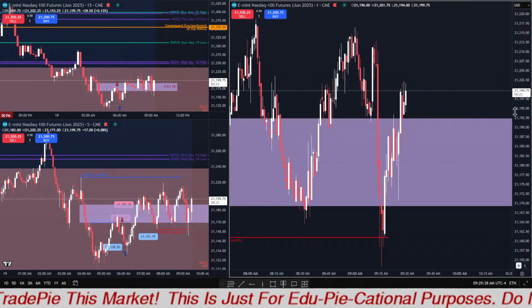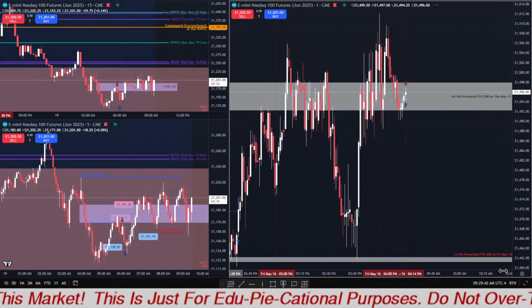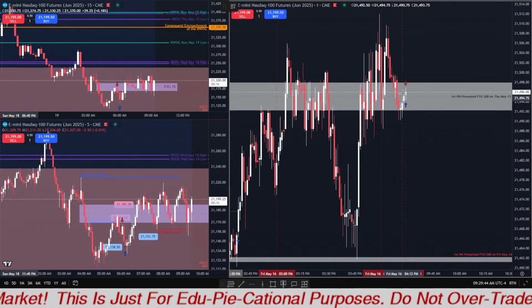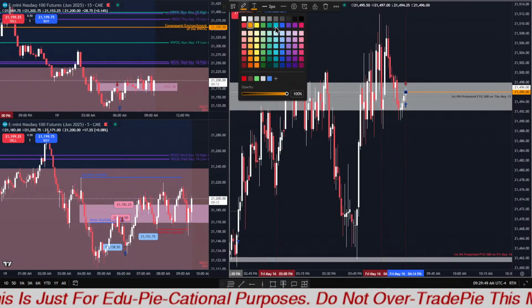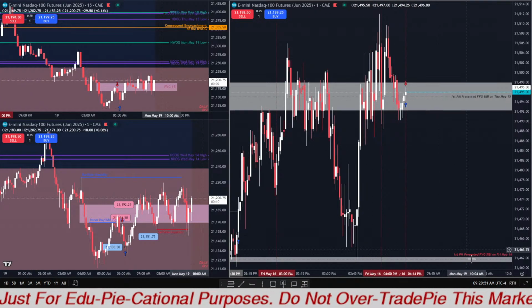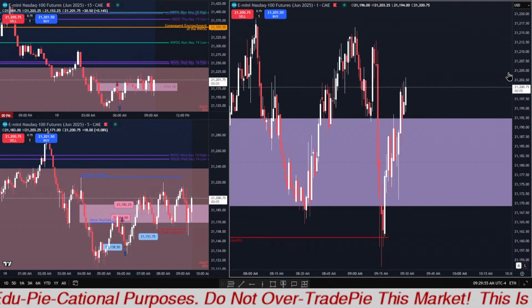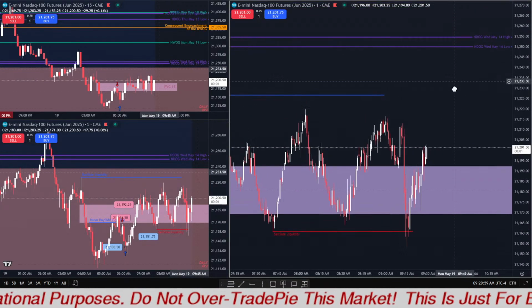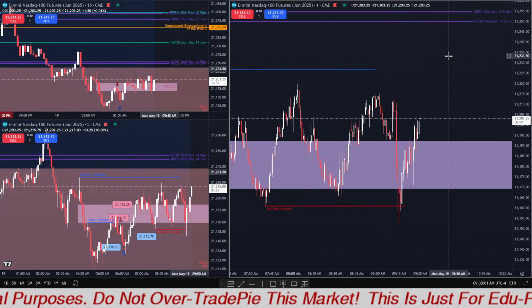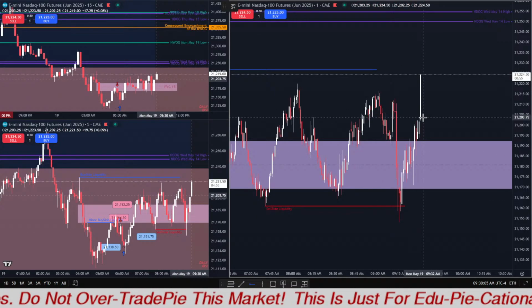And just in order to have that level marked, I'm showing you we have this level over here, and get back to the electronic hours, 3 seconds, and yes, here we have the opening of the market.